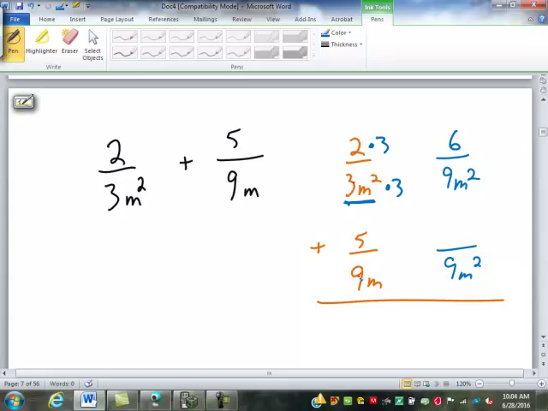Down here, do we have to change it at all? Yeah. Do we have to change the number? No. The variable? Yes. So we have to multiply by m to make m times m to be m squared. So what do we do to the top? Times m. 5 times m is 5m.